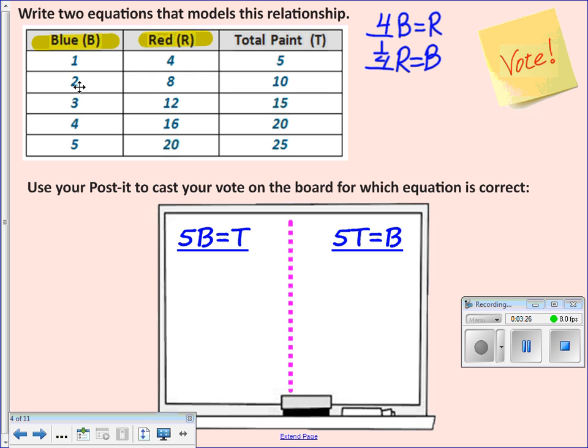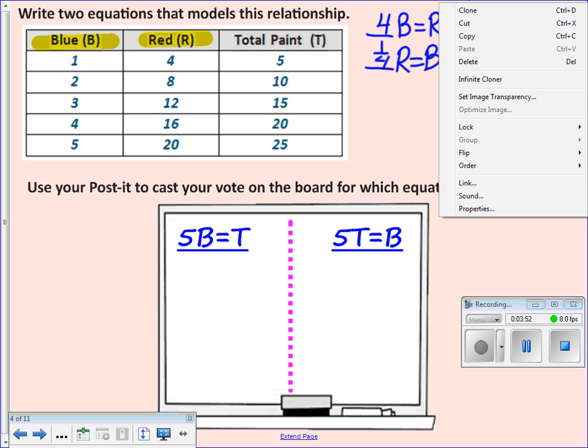We're going to look at the relationship between blue and the total. So, in a moment, you're going to take a Post-it and put your initials on it. Then you're going to come up to the dry erase board and vote. If you think 5B equals T is the equation for the relationship between blue and total, you put your Post-it there.